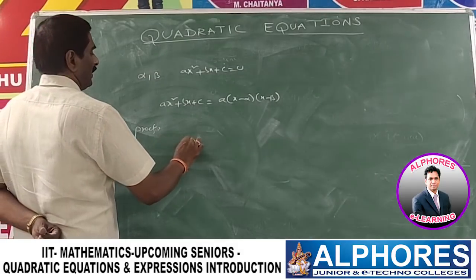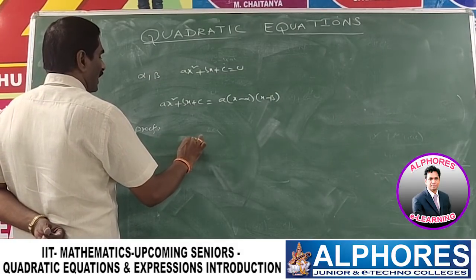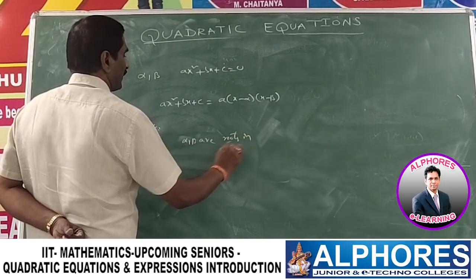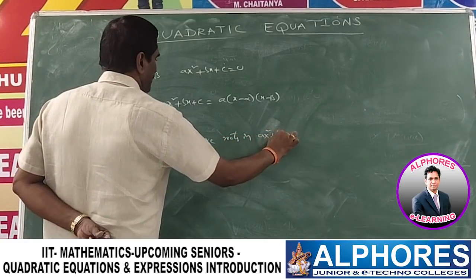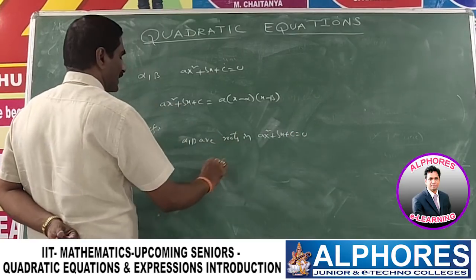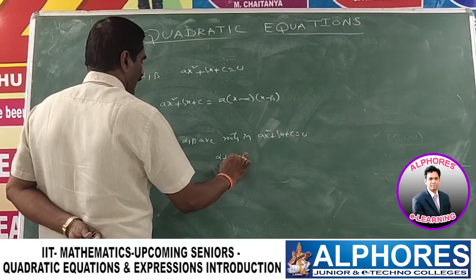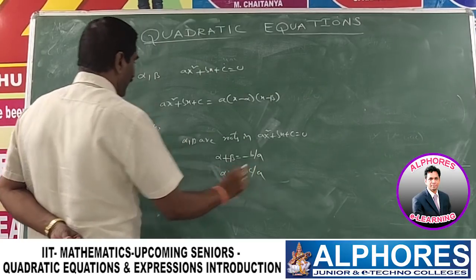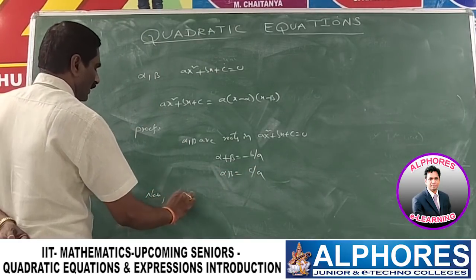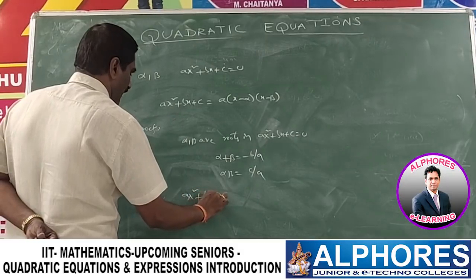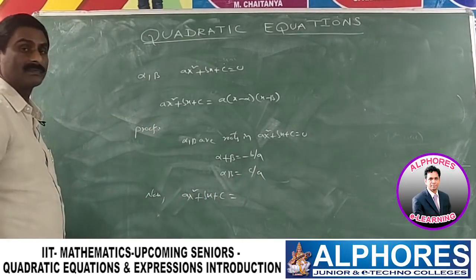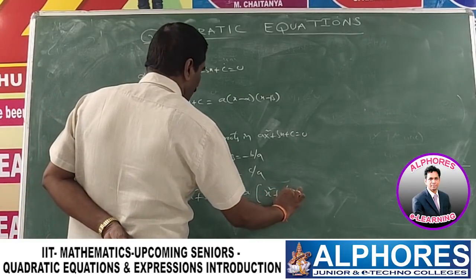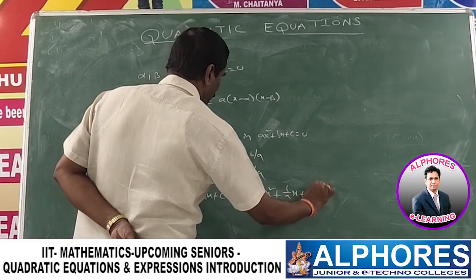Now, alpha, beta are roots of ax square plus bx plus c is equal to 0. That is, alpha plus beta is equal to minus b by a and alpha beta is equal to c by a. Now, ax square plus bx plus c is equal to a of x square plus b by a x plus c by a.